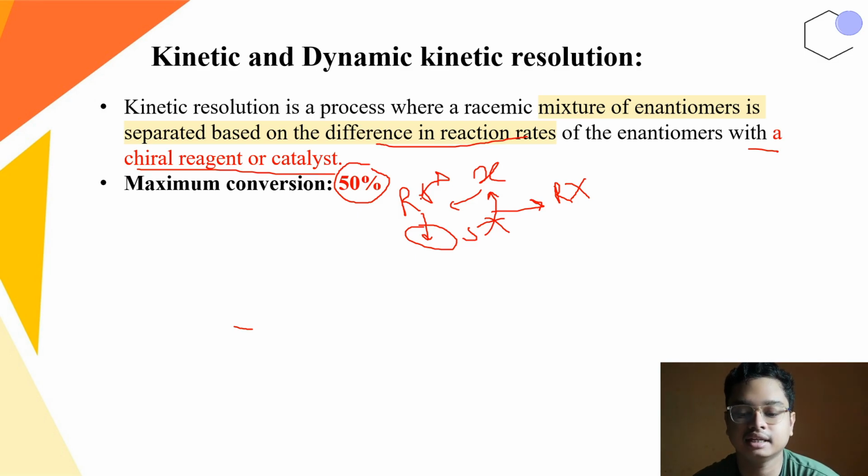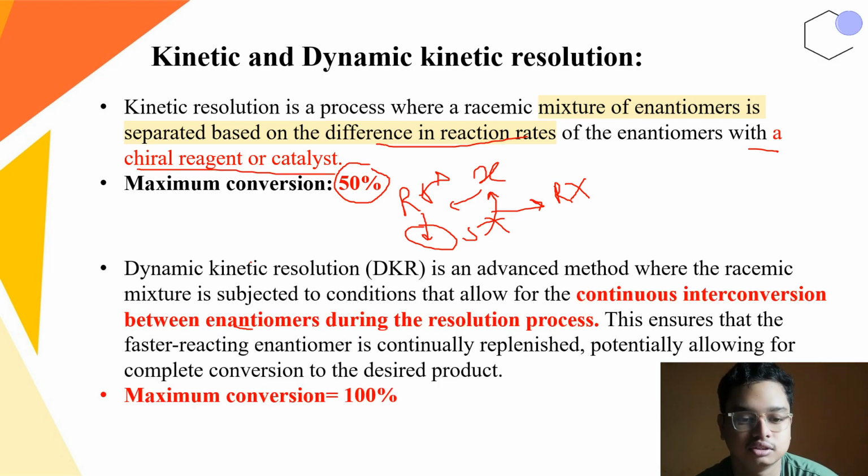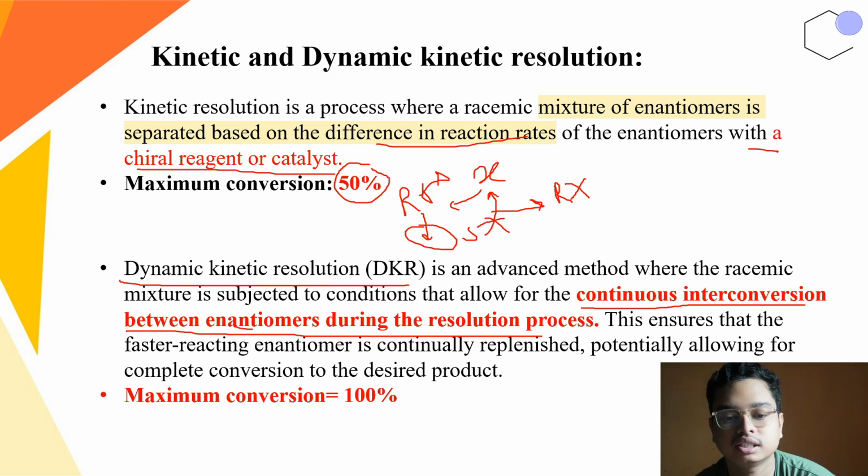Now there is another topic, that is dynamic kinetic resolution. Dynamic kinetic resolution is an advanced method where the racemic mixture is subjected to a condition that allows continuous interconversion between enantiomers during the resolution process. Here you should understand what is actually written.